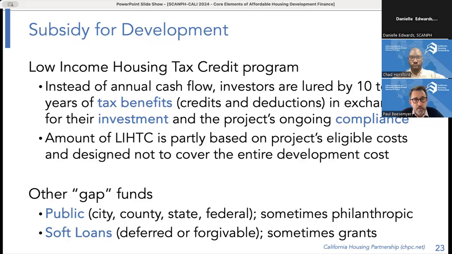And this is both the low-income housing tax credit and the passive losses, or the deductions and therefore passive losses that would come with any investment property. And what do they get?